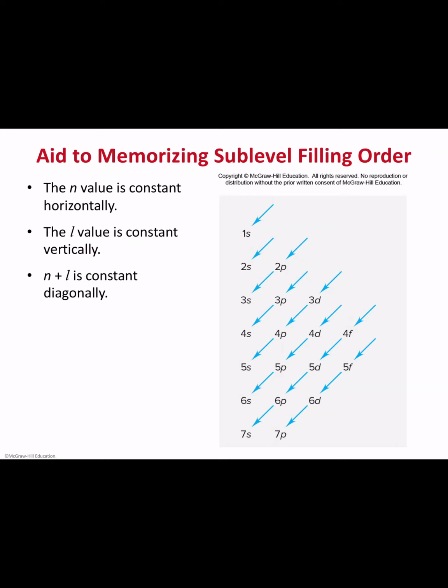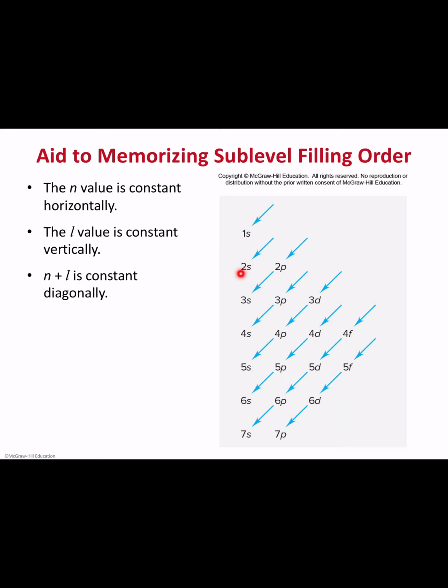The first orbital to fill up is the 1s. How many electrons can you put in one orbital? Up to 2, so this is 1s2. Once you get to 1s2, then you start filling up 2s. 2s also can have up to 2 electrons because it's an s orbital. Each orbital can hold up to 2 electrons, so 2s2.